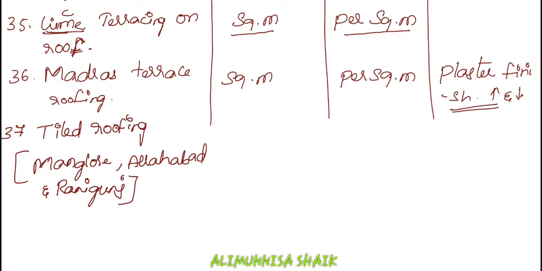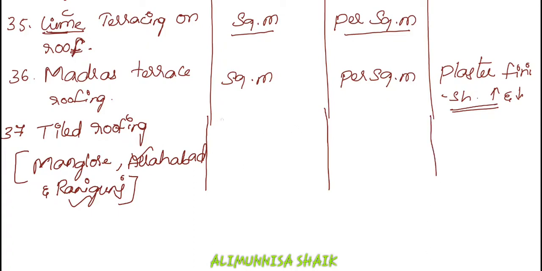These are the three different tiles that are being used in your tile roofing. First one is your Mangalore tile, next we have Allahabad tile, and the third one is Raniganj tile. These are the varieties of tiles while you are going for your tiled roofing.